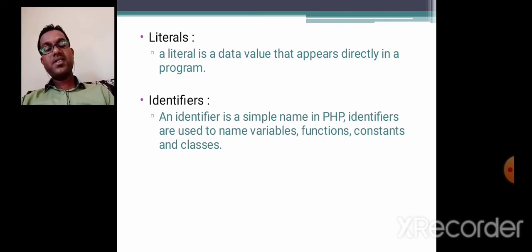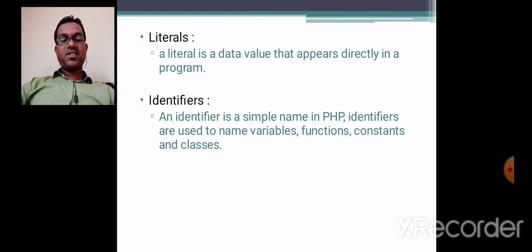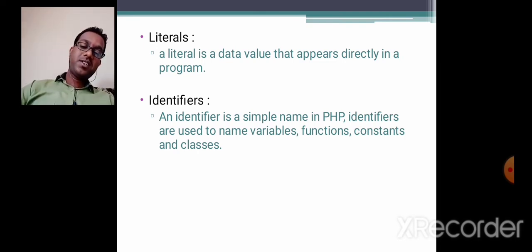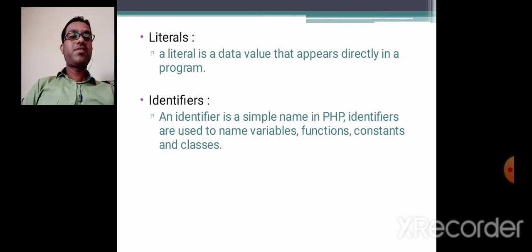Variable names always start with a dollar sign. These are case sensitive. Function names are not case sensitive, and differently cased function names refer to the same function. Class names follow the standard rules for PHP identifiers and are also not case sensitive.